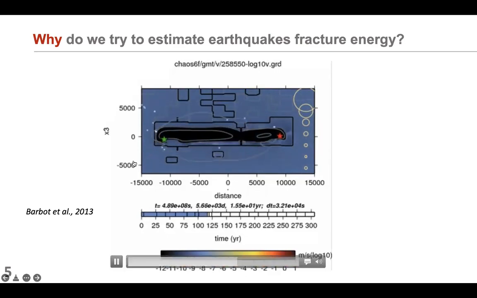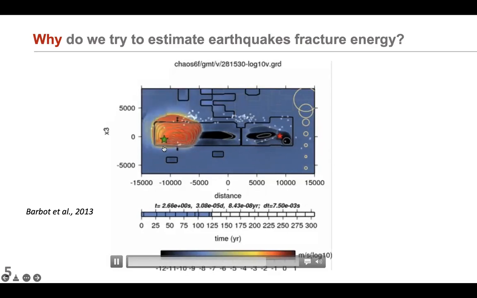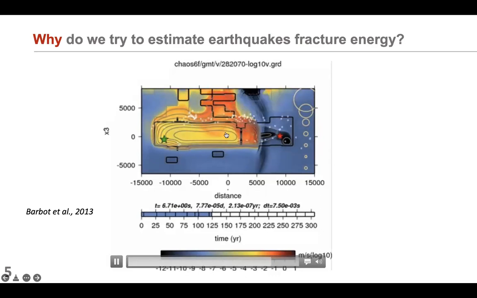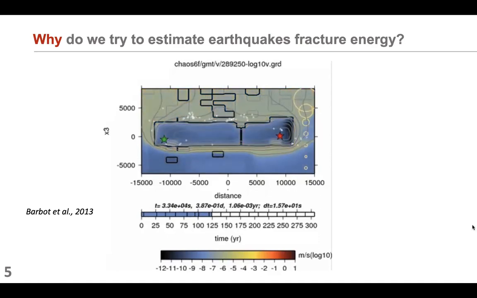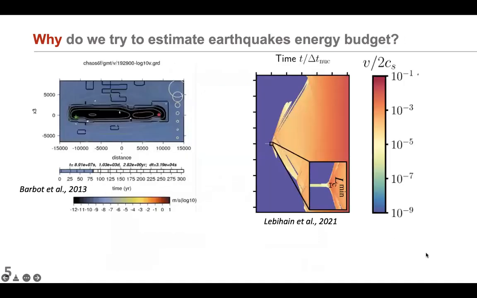This continues up to a second rupture event that occurs first on that side of the fault and induces stress transfer to nucleate a second big rupture on the other side of the fault. Why it is interesting to understand fracture energy in this context is because of the history of such earthquake sequences. It's a bit different here, it's not the same earthquakes.